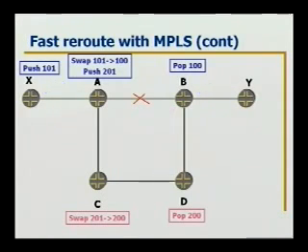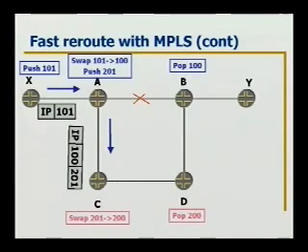So let's see what happens in the case of a link failure. Traffic arrives from node X with label 101 as before. Now A knows that the link AB failed. So A is going to swap label 101 to label 100, push label 201, and send it on the link AC. Now the packet has a two-label stack.